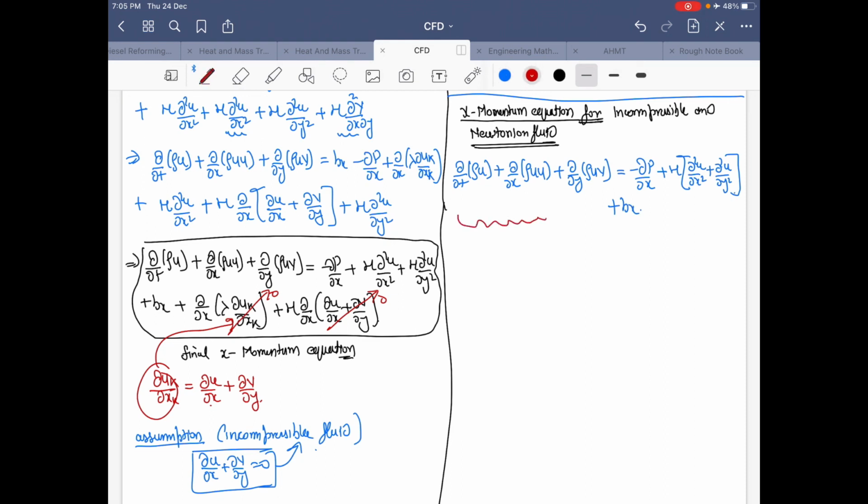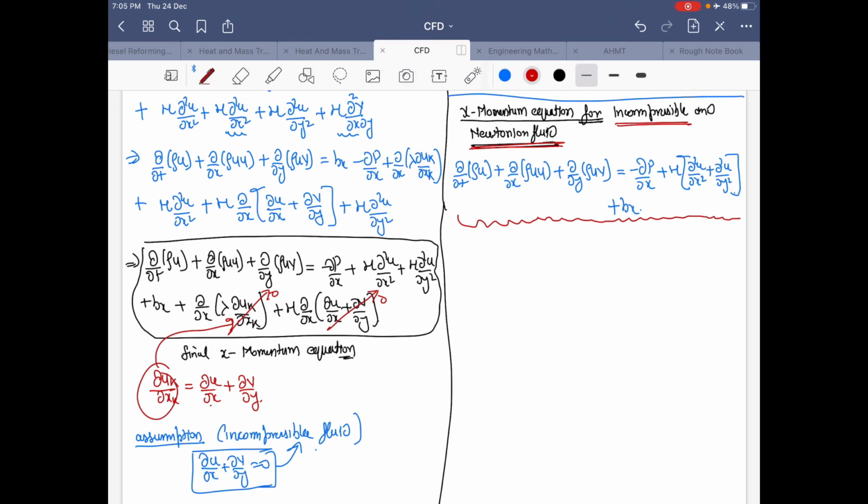So this is the most seen equation in the textbook, but it is derived the way I have derived it here, and it is valid for incompressible and Newtonian fluid.